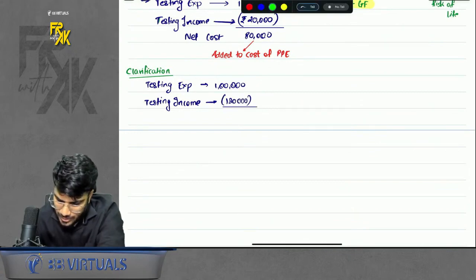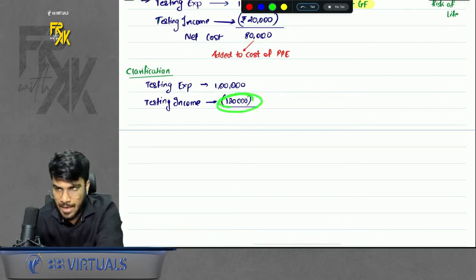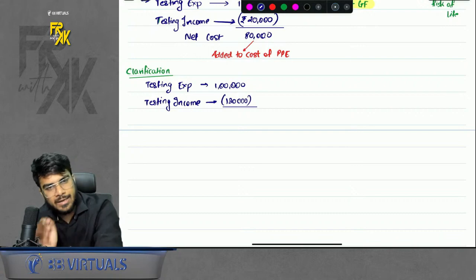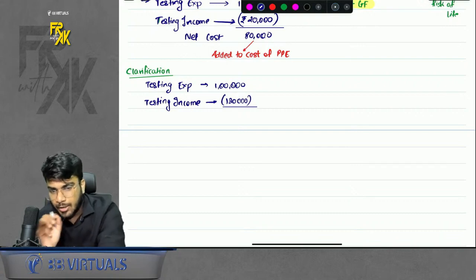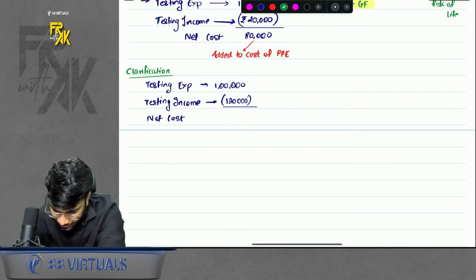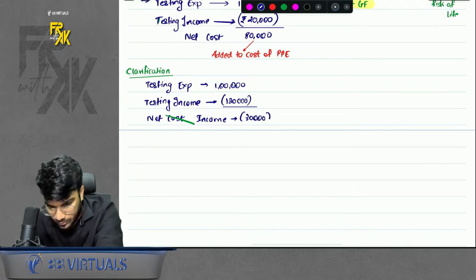In the previous case, expense was higher, so there was a net cost. In this case, your income is higher. So ideally during testing, you haven't incurred an expense, but you have earned an incremental income. So here there won't be any net cost, there will be a net income of 30,000.